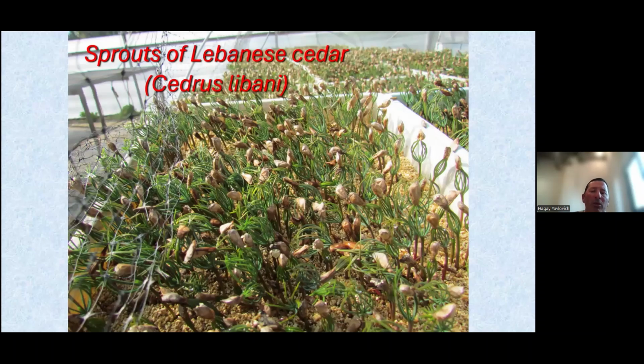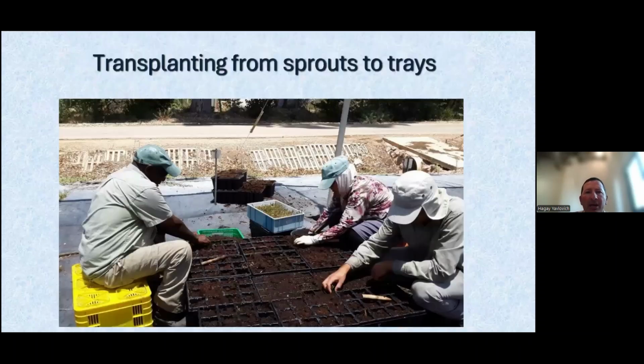Because if you don't have it, you will have many empty holes where seeds did not germinate. Okay, so this is how the workers transplant the sprouts to the trays.